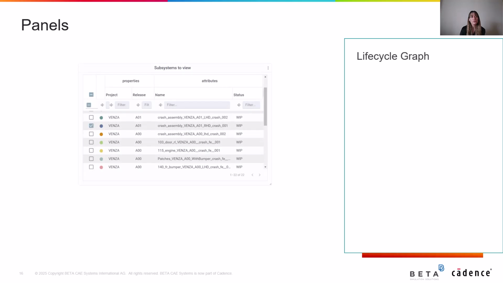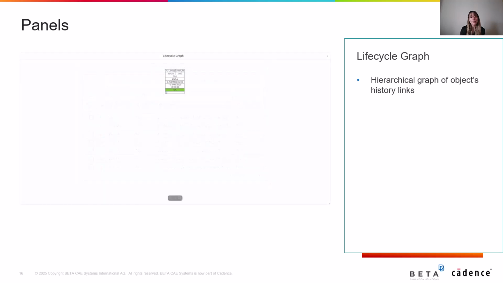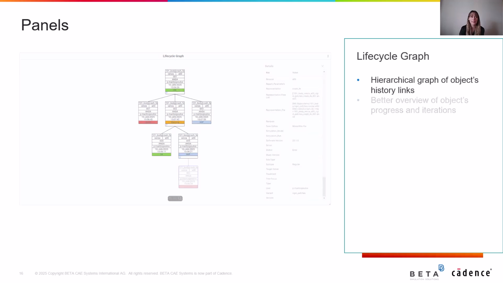Now, let's move on to the lifecycle graph that offers a clear and hierarchical view of an object's history and its relationships. For example, I have selected one subsystem to view it in a lifecycle graph, and therefore it presents the hierarchical structure that maps the progression of an object through its life cycle, showing, for example, how versions or iterations are linked.